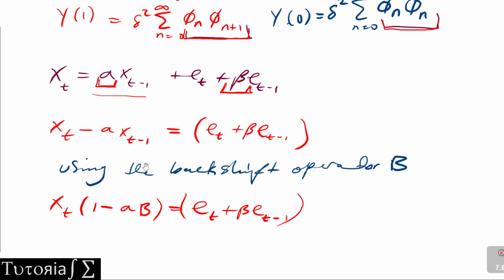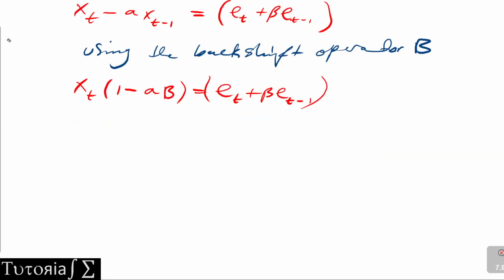Right here we can divide throughout by 1 minus a backshift, so xt will be equal to et plus beta et minus 1.